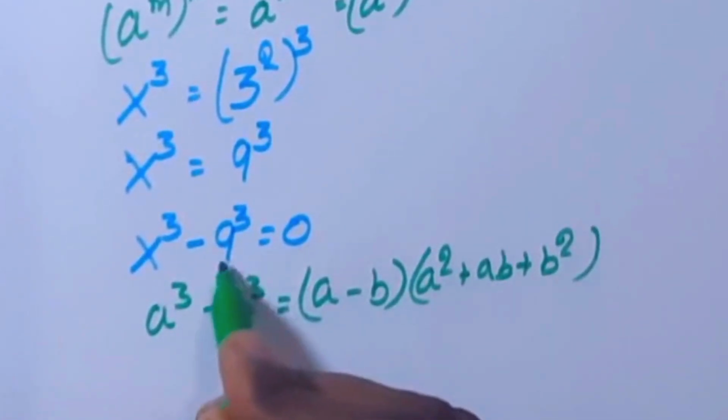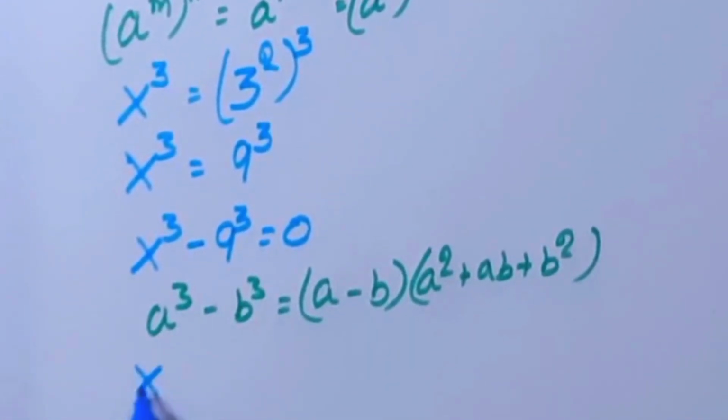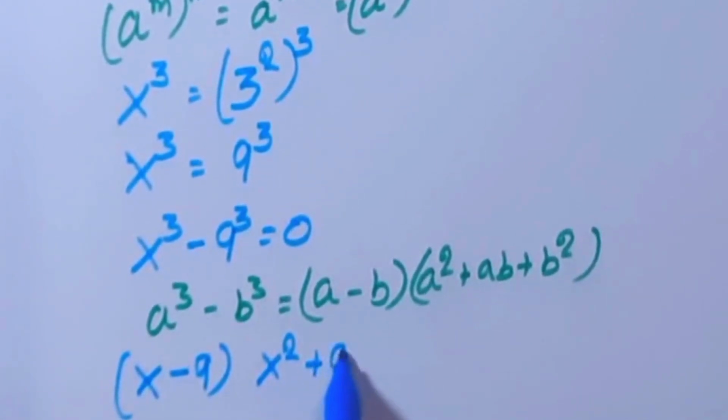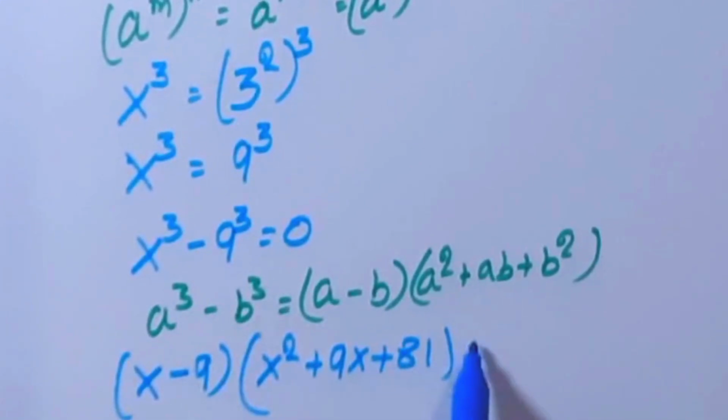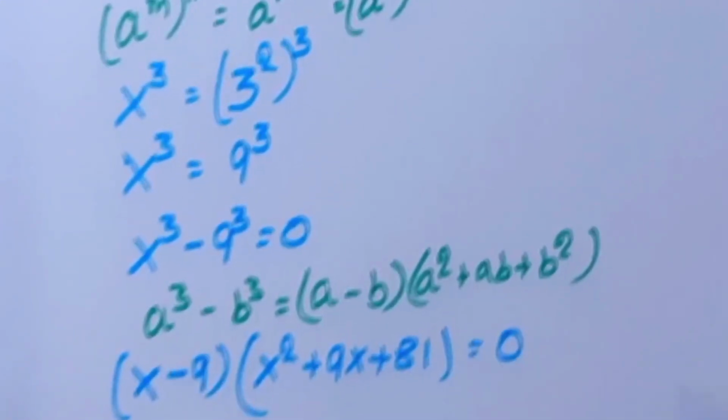This formula we are going to implement here. (x minus 9)(x squared plus 9x plus 81) equals 0.